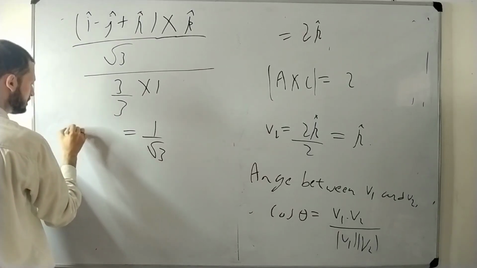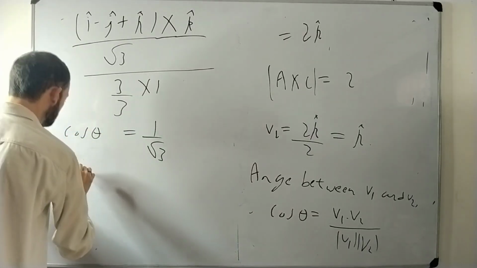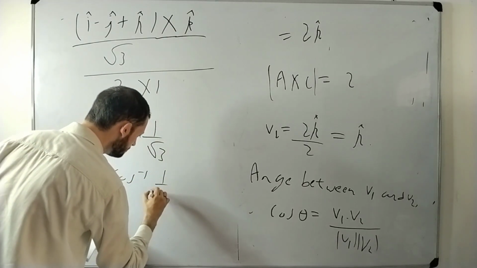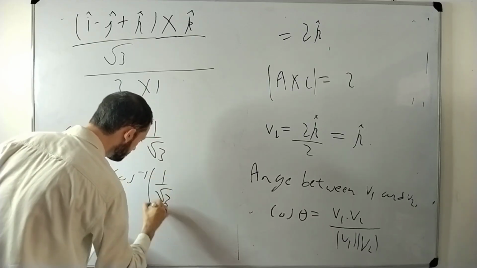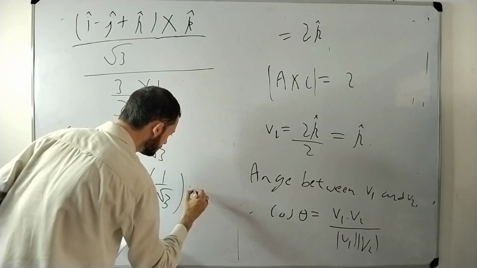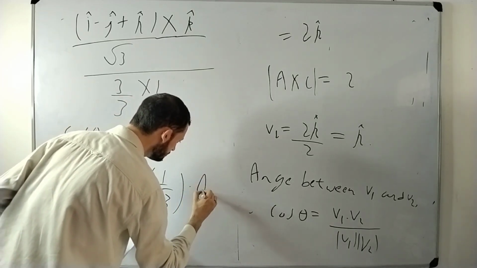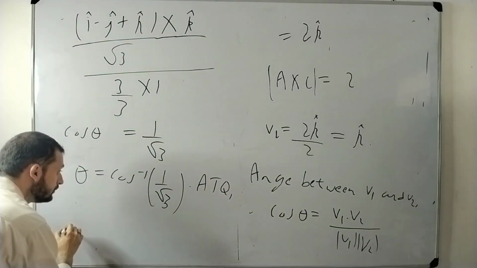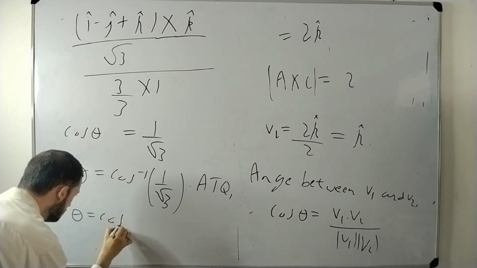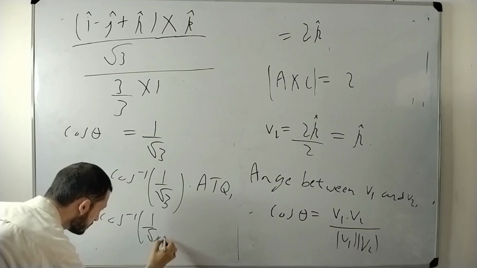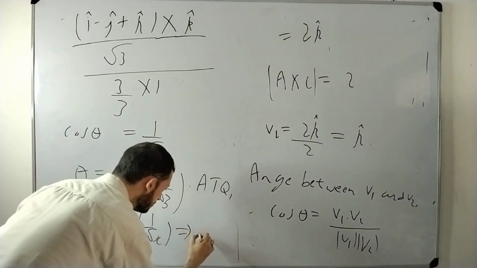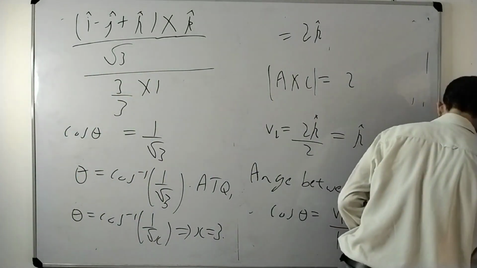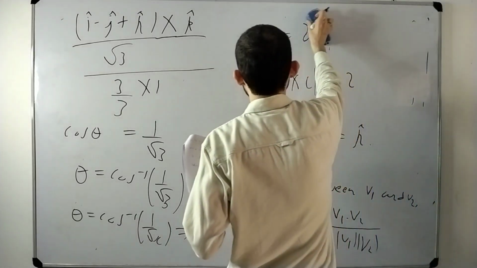So cos theta is such that it happens to be this value, and this is cos inverse 1 by root 3. Also, according to the question, theta is cos inverse 1 by root x. This implies x is equal to 3. This is the value of x. Wow, sir, wonderful. Let's see the next question.